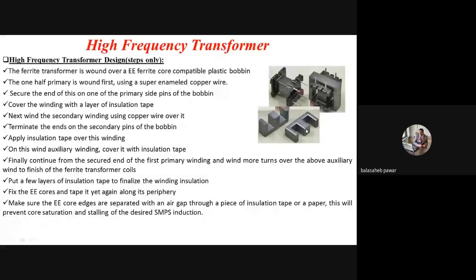You have to keep some piece of paper or any thin insulating material. Why? It is required to avoid saturation. Okay, to avoid saturation, there should be an air gap, right? So these are the simple steps of designing that high frequency transformer.